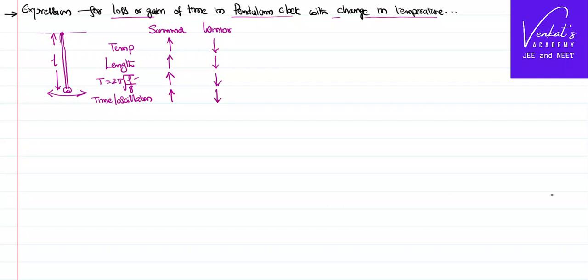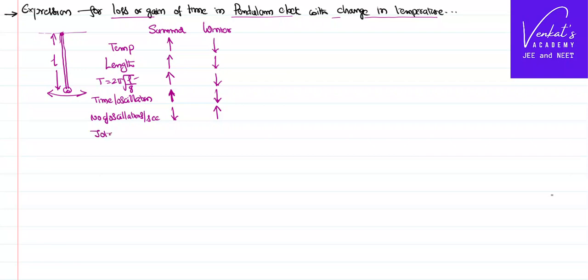In winter, the time taken for oscillation decreases. Then what happens to the number of oscillations per second, which is also called frequency? As time taken per oscillation increases, the number of oscillations per second decreases in summer, but in winter it happens the reverse way, it increases.